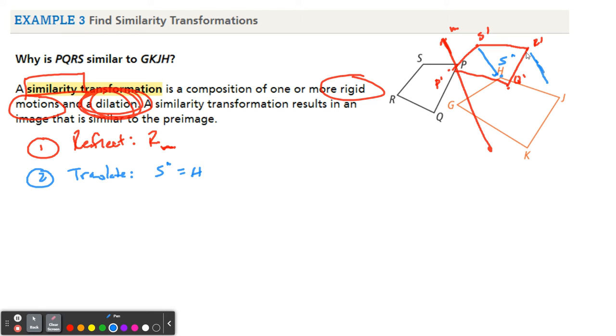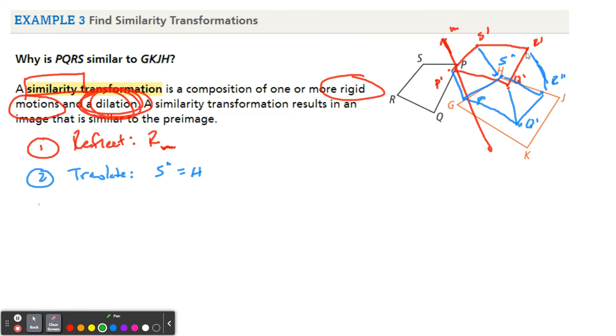So now R prime is going to be on that, but not totally there, right? Q prime is going to be not at K, but close. P prime is not gonna be at G, but close. Right, and here's the slid figure. So now we're kind of on top of it, right? We're lined up with it, but we're not exactly on top of it.